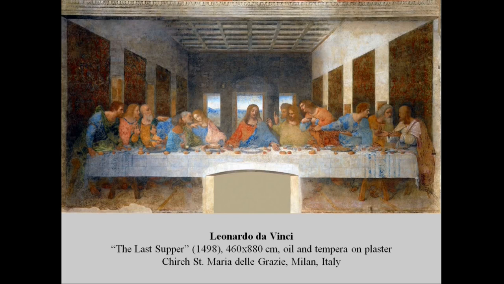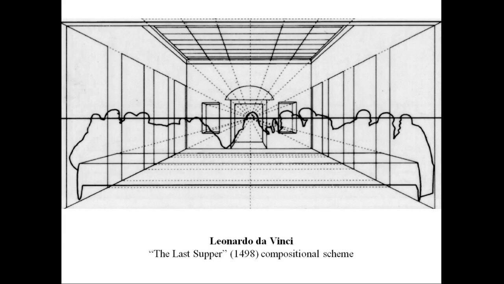The above diagram shows how the perspective of the Last Supper was worked out with a series of marks at key points, highlighting the architectural aspects of the composition and the positioning of the figures. So here is the scheme.